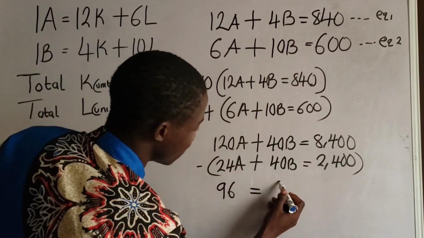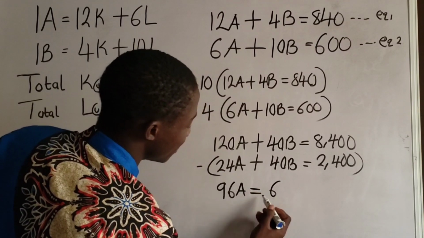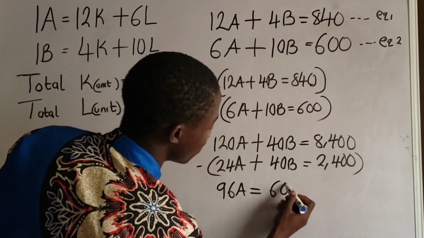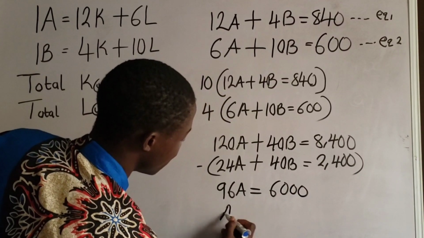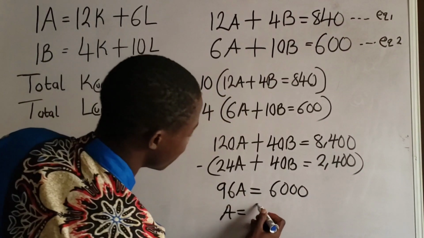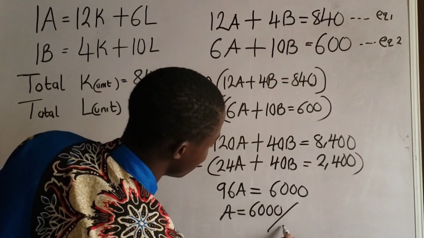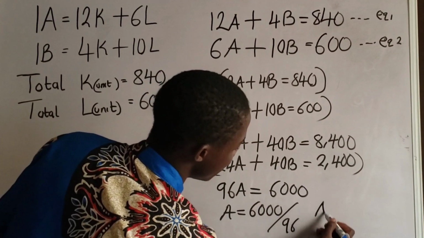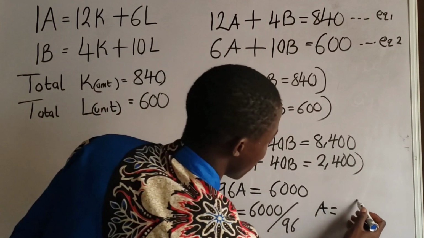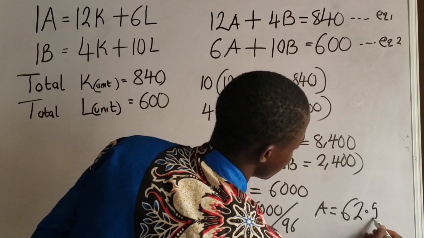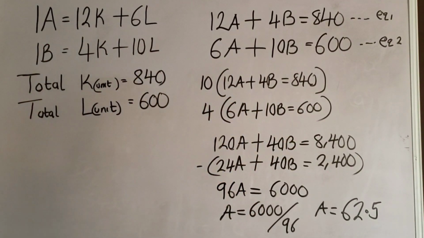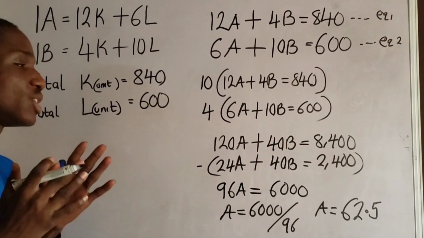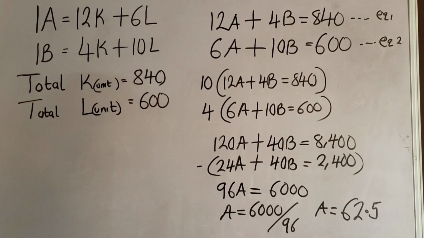That is 6,000. So 96A equals 6,000. So A equals 6,000 divided by 96. So A equals 62.5. Now we have calculated the amount of product A that can be produced if the firm wishes to exhaust its supply of K and L.